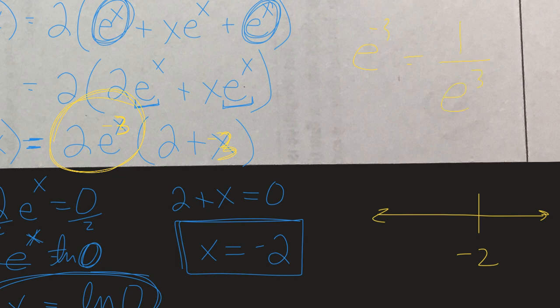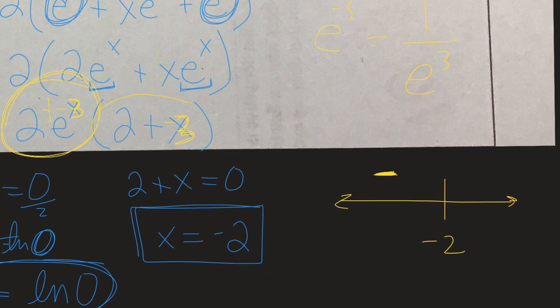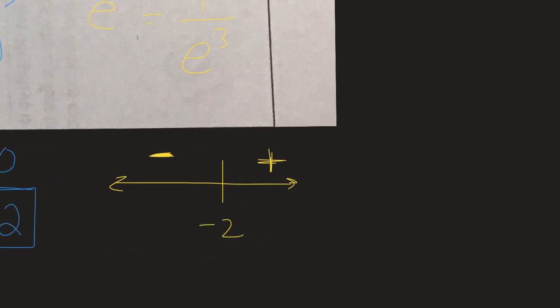So it's just a fraction, it's not a negative value, times 2, so this is a positive, but 2 times plus -3 is a negative. So to the left of -2, our function is going to be negative. If we plug in something to the right of -2, then this is going to be a positive value times a positive value, and we're going to have a positive value. So we have positives to the right of -2 and negatives to the left.